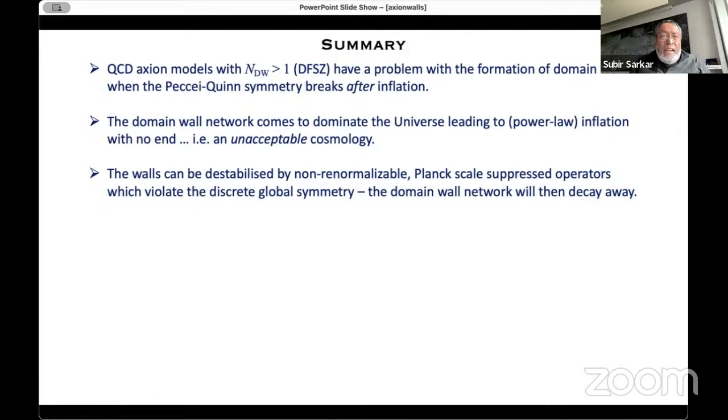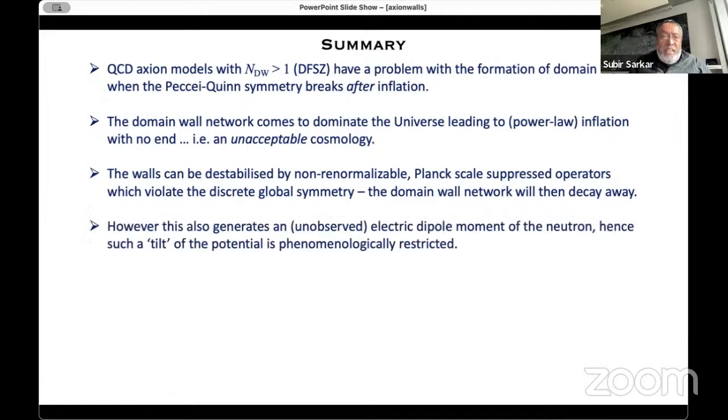But you can get rid of the walls by effects which are in fact quite natural, violation of global symmetries by Planck scale effects. And the wall network will then decay away. But if you tilt the domain wall network in order to make it disappear, then you also regenerate an electric dipole moment of the neutron, and that won't make our experimentalist colleagues happy because they've ruled that out.